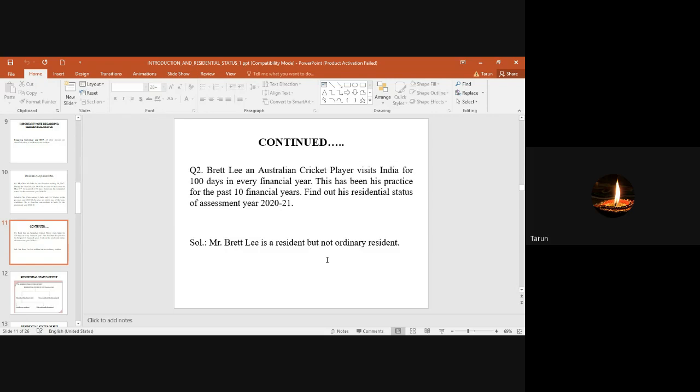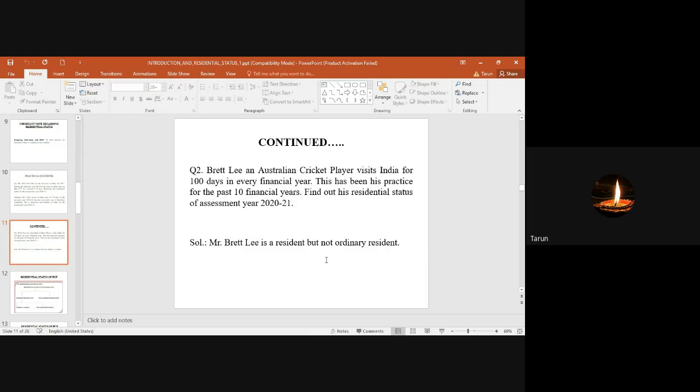When we come back to the basic conditions, there are two basic conditions, and any one of them has to be satisfied for him to become a resident of India. What are the two basic conditions?